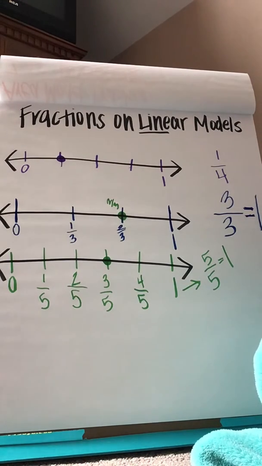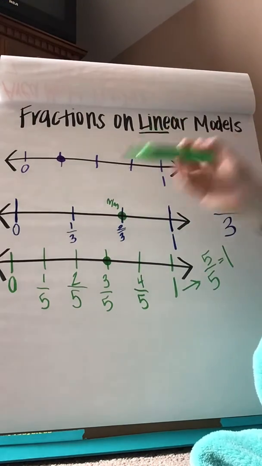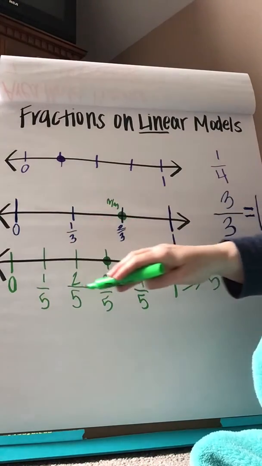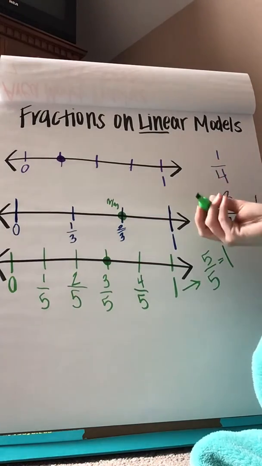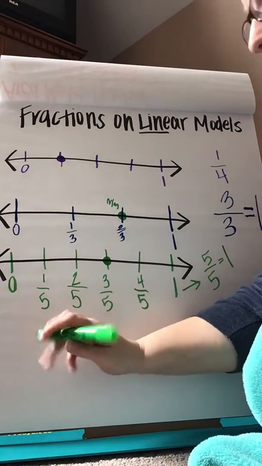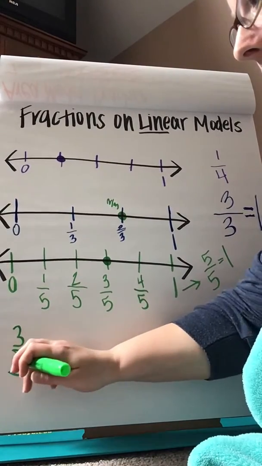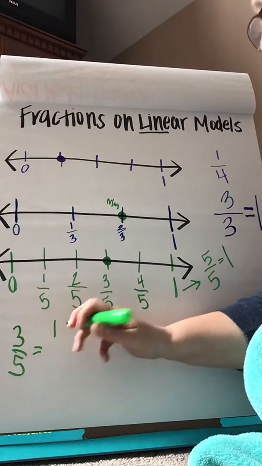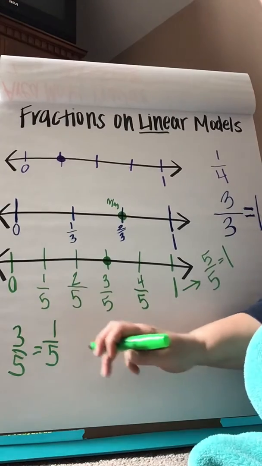So if I had the fraction, like I said, I was going to represent 3/5 by this number line, then I would draw this number line exactly like I did, 0 to 1, and I would put all of the fractions on there, put my point at 3/5, and then, remember before, in order to write that equation, you would simply take the fraction itself, sorry for the sloppy handwriting, and then you would take a unit fraction, which has the numerator of 1, and the denominator stays the same.